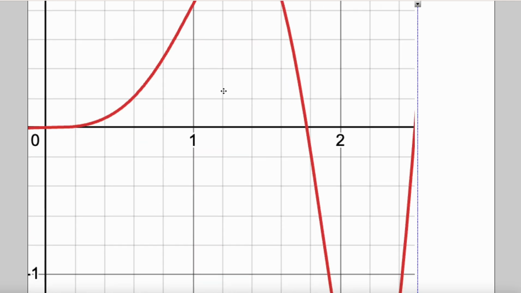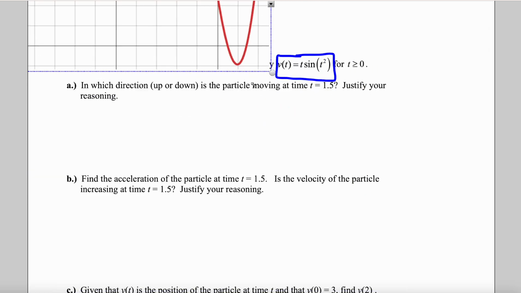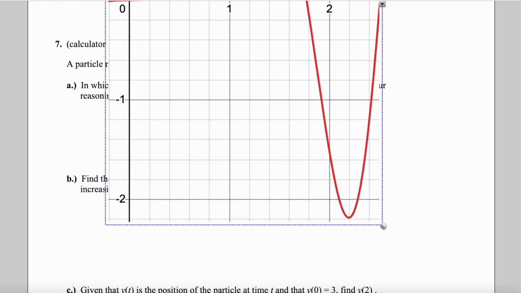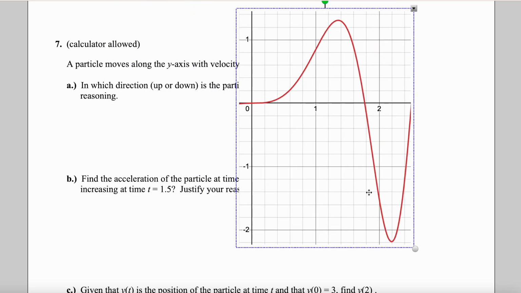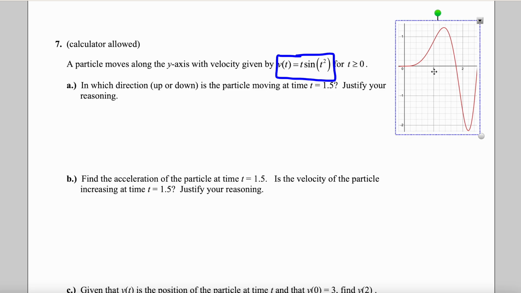All right, so let's take a look. First question is asking which direction the particle is moving, and usually particles move right and left, but it could also go up and down. So if I go to my graph and go to 1.5, 1.5 would be right in here.